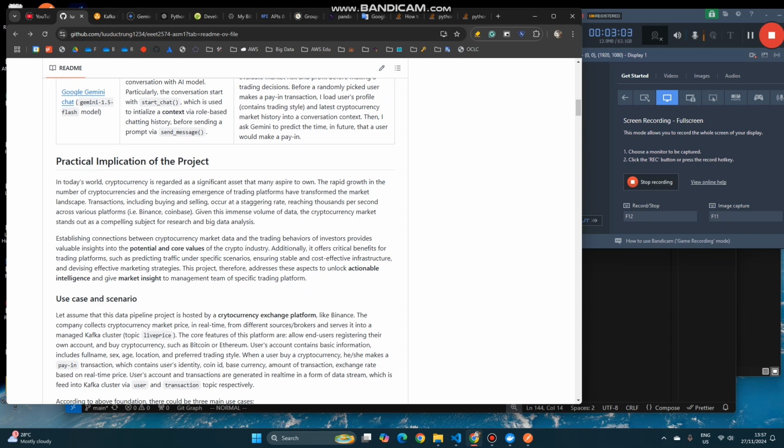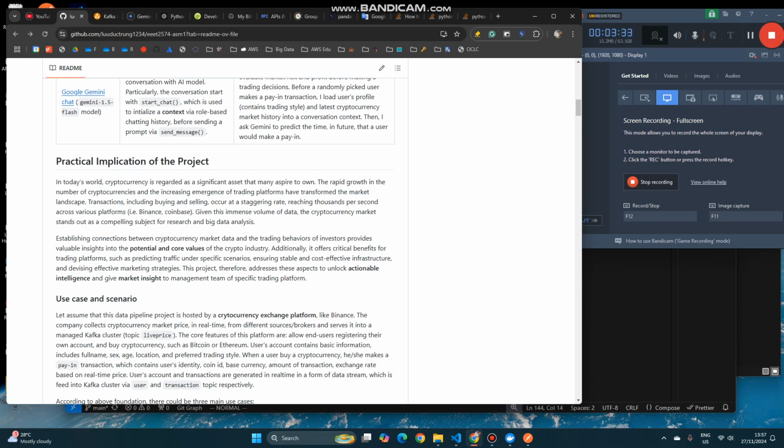Let's talk about the practical implication of the project. When we talk about cryptocurrency, this could be an industry, and from the time that Bitcoin was introduced, it has transformed the market landscape.